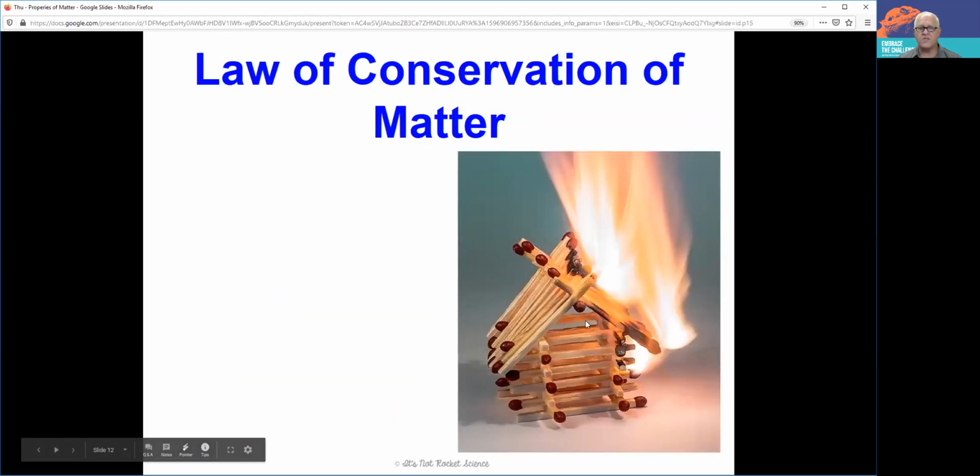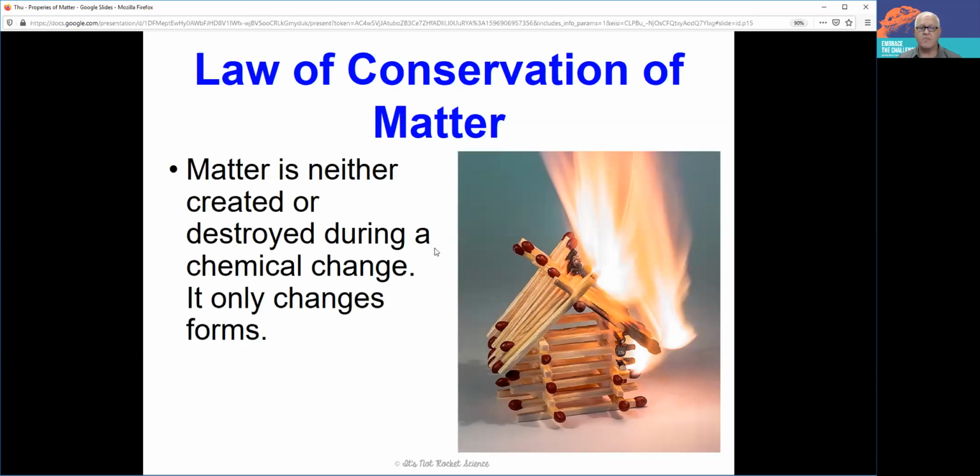And all of this goes back to what we call the law of conservation of matter. Remember, we've talked about matter exists all over, but matter is neither created or destroyed during a chemical change. It only changes its form.